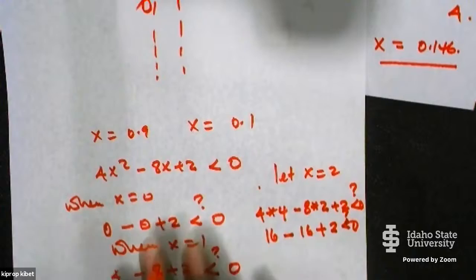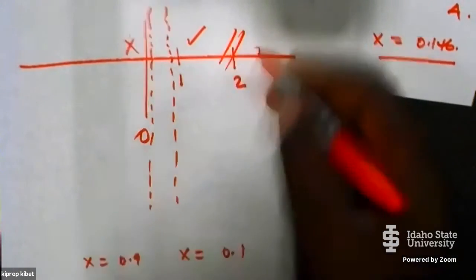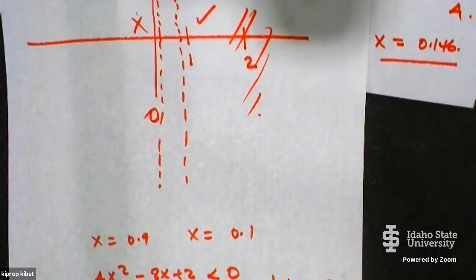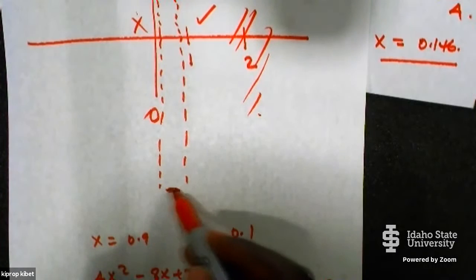No, it is not. So that means this region, again, does not agree with that. So therefore, we can see from here that it will agree with the region here.